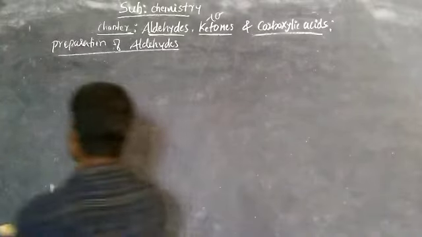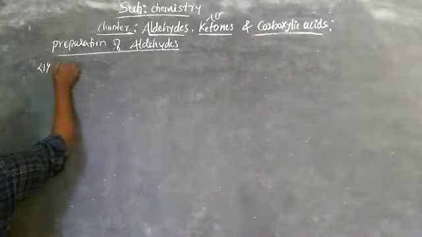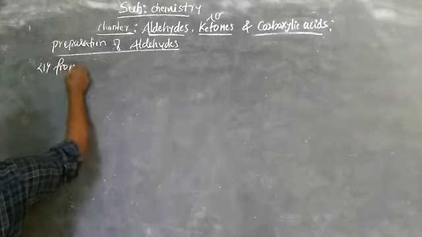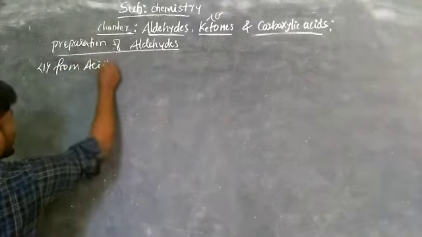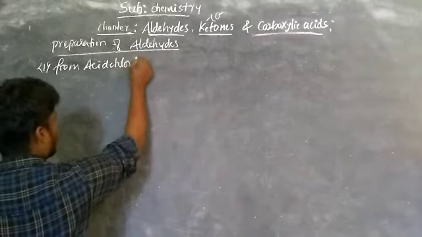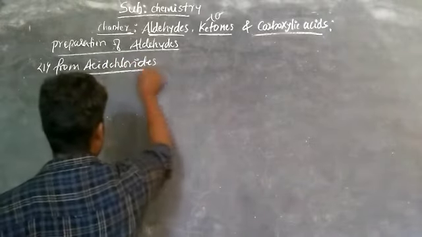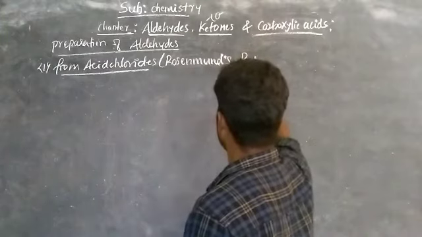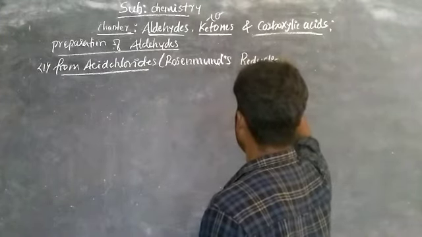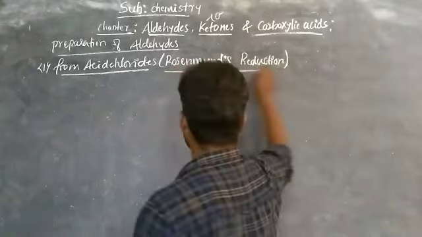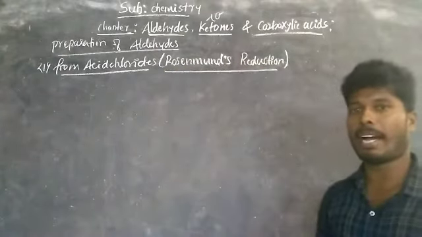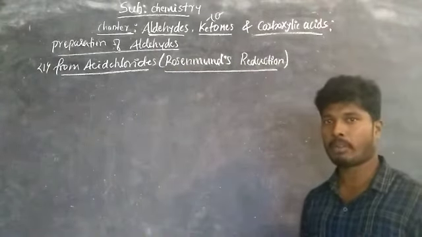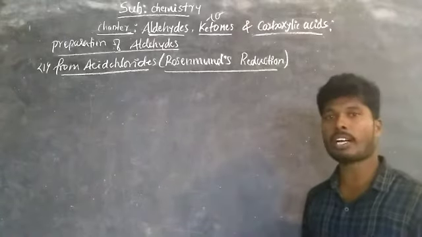Now the first one is from acid chlorides, that is also called the Rosenmund reaction, or Rosenmund reduction. You know, reduction is nothing but addition of hydrogen, or removal of oxygen.